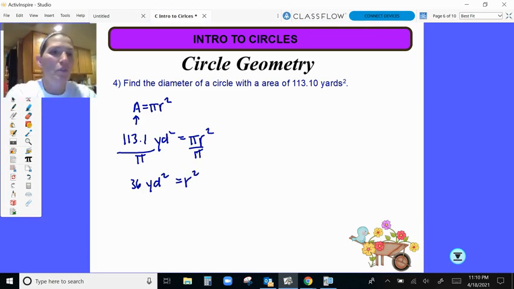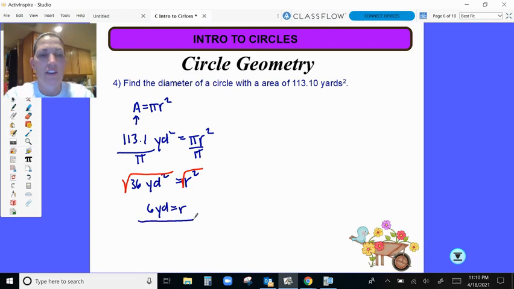And now when I take the square root, I have my radius equals 6 yards. The radius in that case could also equal -6, but since we're in geometry, we don't have negative length. So that's why we only take the positive solution to that.